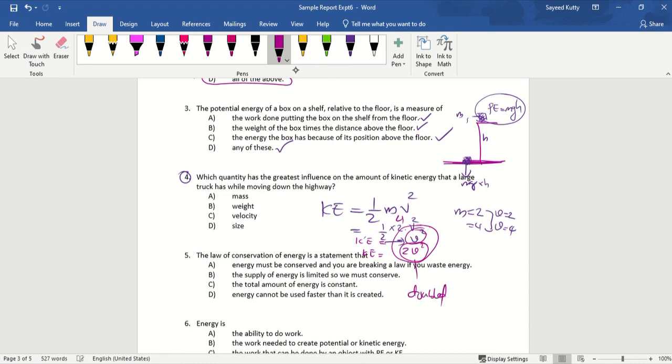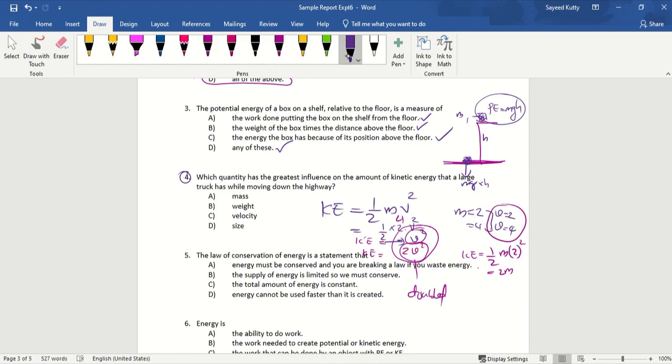Now look at this case. We're going to change the velocity. Half m v square, with v as 2, 2 square is 4. 4m divided by 2, so 2m is the kinetic energy.